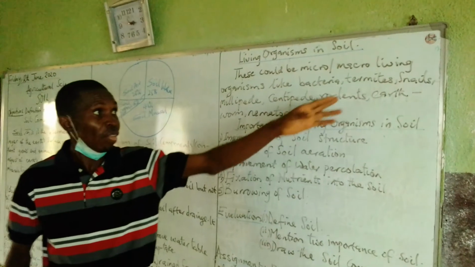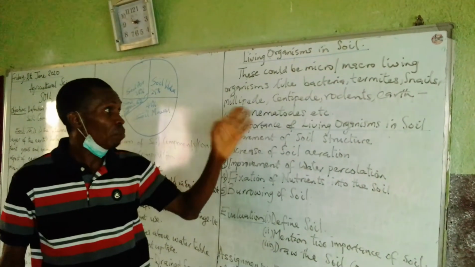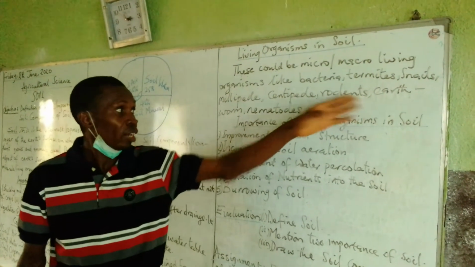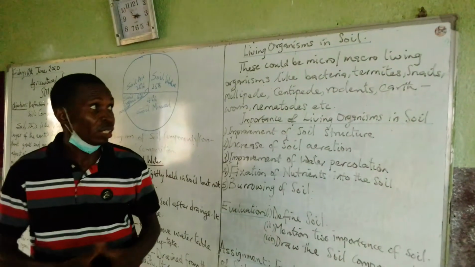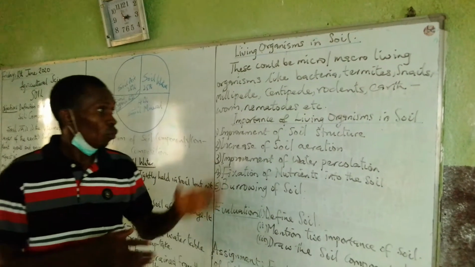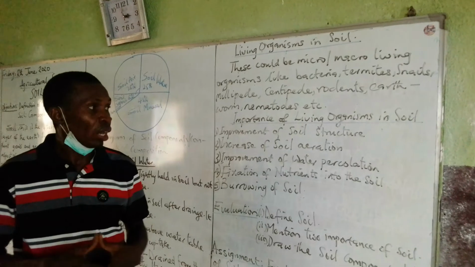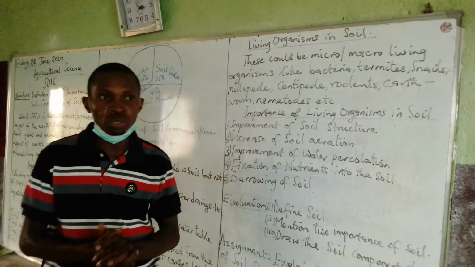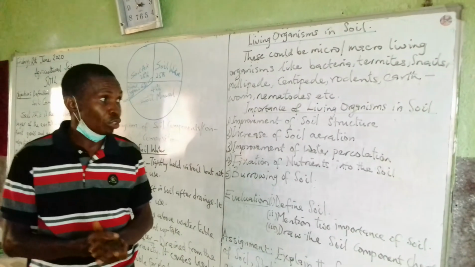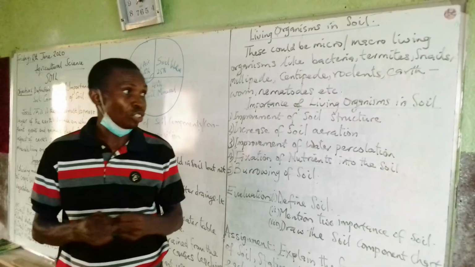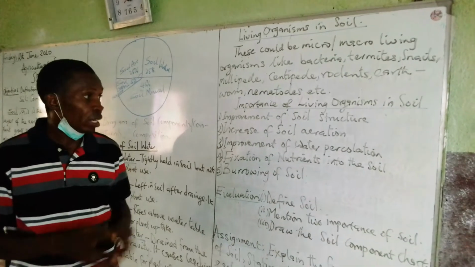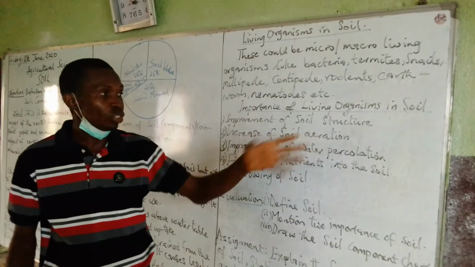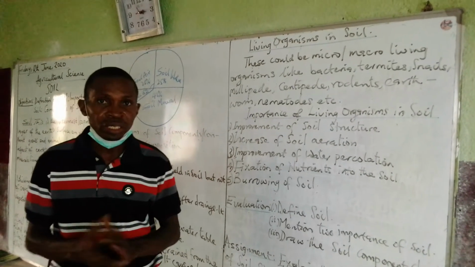Examples are bacteria, termites, snails, millipedes, centipedes, rodents, earthworm, nematode, etc. When you have these in the soil, what are you likely to see? The improved soil what? Structure. They help to improve the soil structure and also help to make the soil texture okay. It increases soil aeration. Aeration has to do with presence of air in the soil.